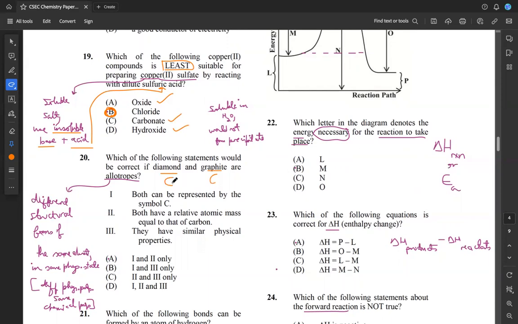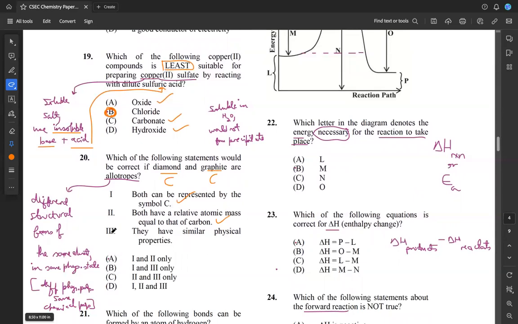They're both carbon, but carbon in a different structure. So both of them can be represented by the symbol C. So this would be true, because they're both made up of carbon but just have different structures. They're both going to have a relative atomic mass equal to that of carbon. That's true because they're both made of carbon, okay?